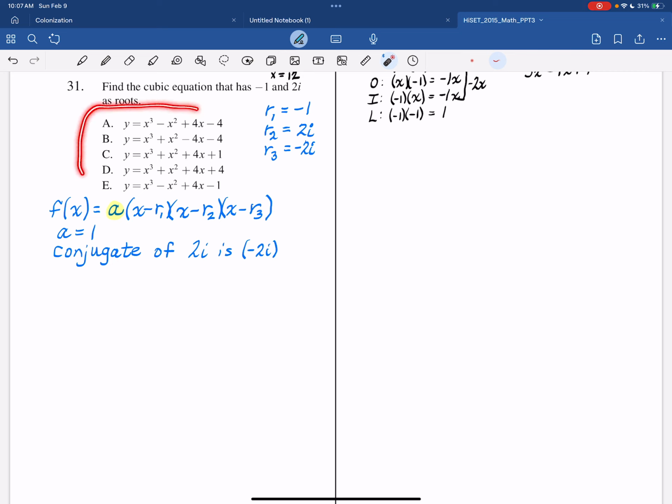So we have to be very careful here with signs. And that has always been one of my weaknesses. I'll get in a hurry and I'll lose track of my negative and positive signs. So I'm going to slow down and show you how I would work this problem.